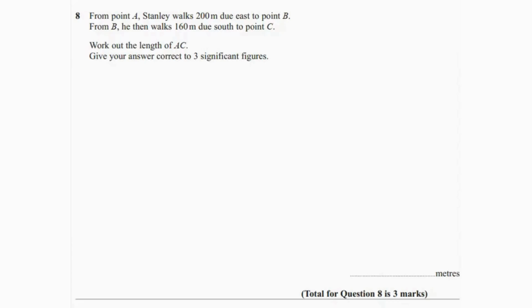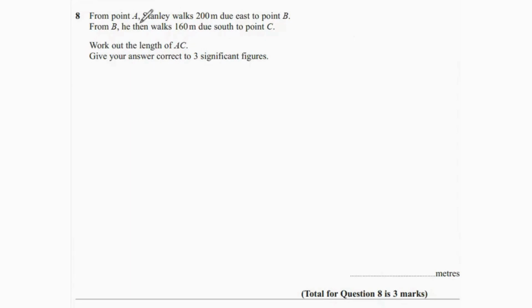From point A, Stanley walks 200 meters due east to point B. Then from point B, he walks 160 meters due south to point C. We have to work out the length of AC. So for this, we will make a diagram using the directions given in the question.